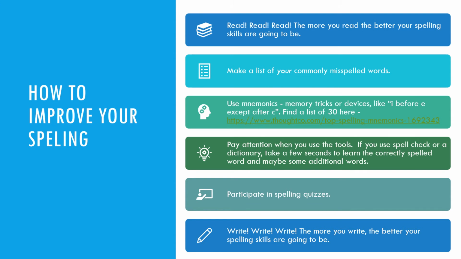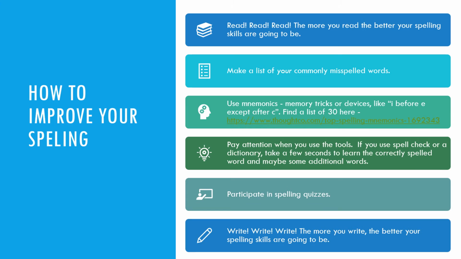Some people feel like they are terrible spellers. And if this applies to you, or even if you feel that you're not the best possible speller you could be, don't worry. There are some tips on how to improve your spelling.